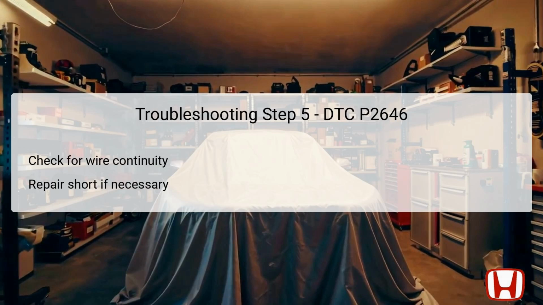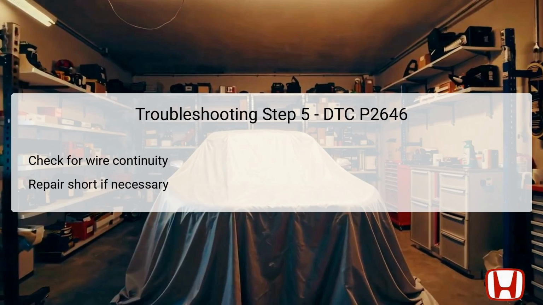The final troubleshooting step focuses on checking for continuity within the wiring to determine if there's a short in the VTM line. Initially, ensure the vehicle is powered down in the off position. To facilitate this test, utilize the HDS to jump the SCS short circuit line, effectively putting the system in a diagnostic mode.